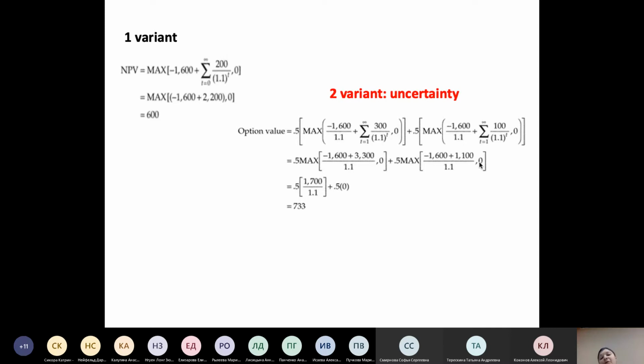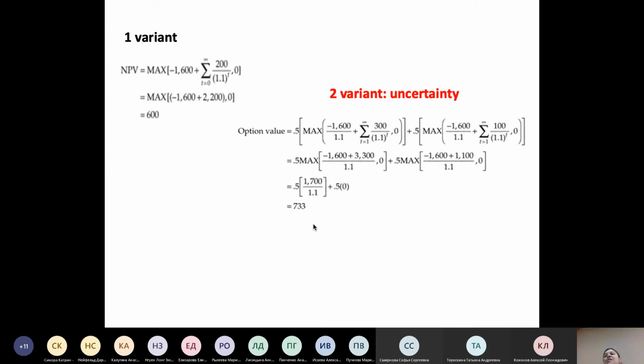Net present value or option value of this investment project will become 733. And the higher the difference between our expected results, the higher the meaning of our net present value of this investment project will be.